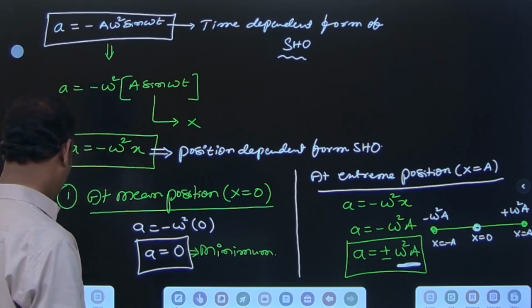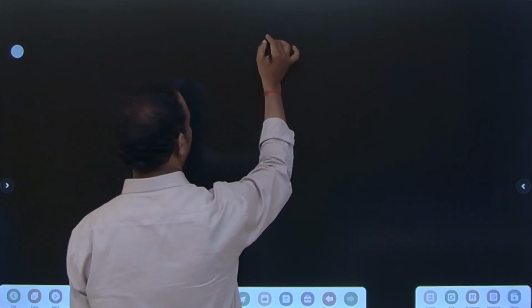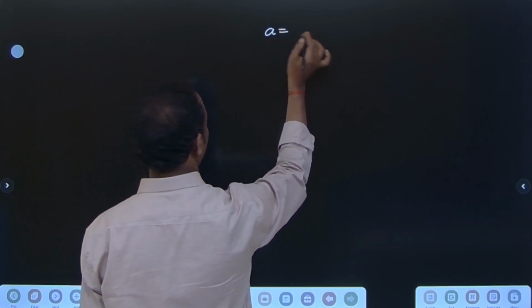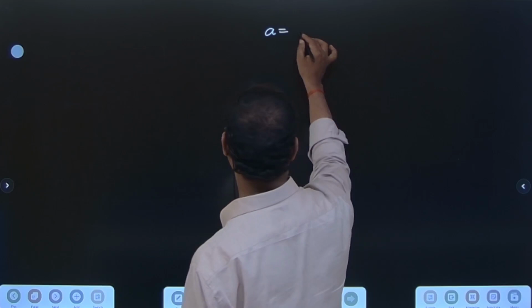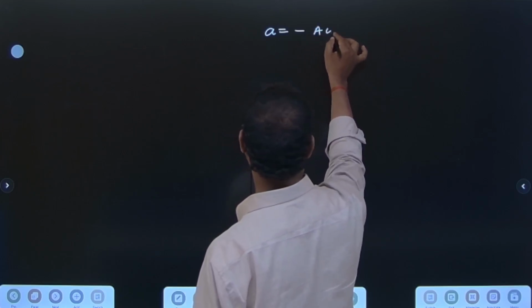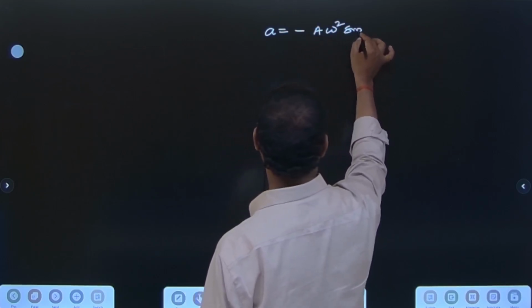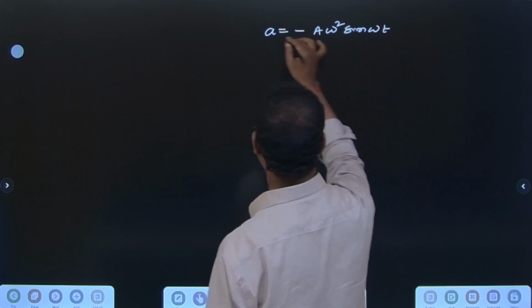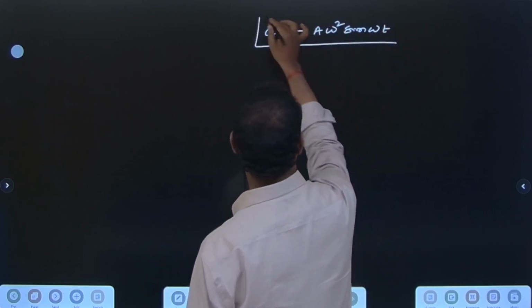Next I am going to prove this. What is the formula for acceleration? Acceleration a, taking the time dependent function, is equal to minus A omega square sine omega t. This is the condition.